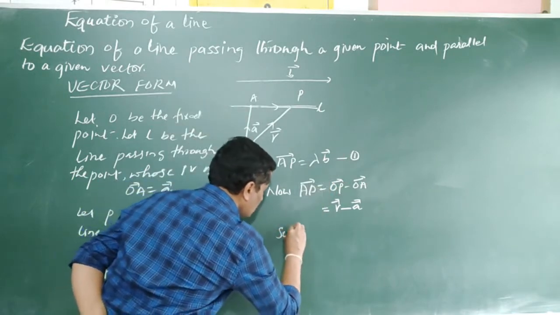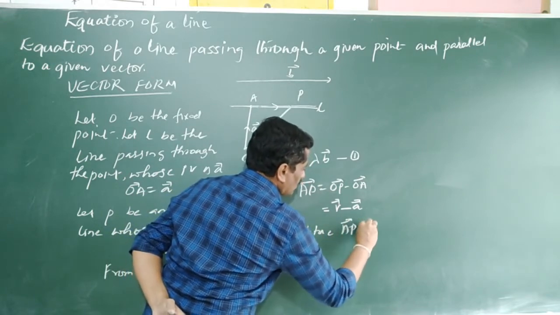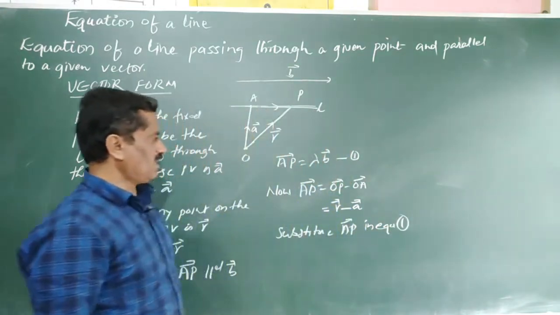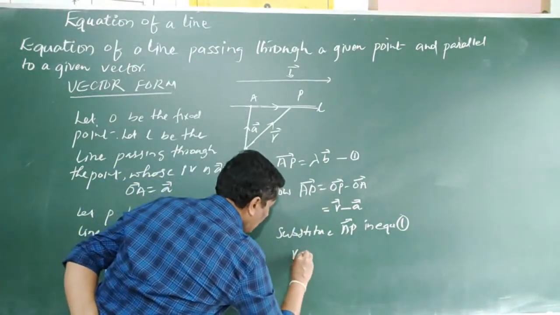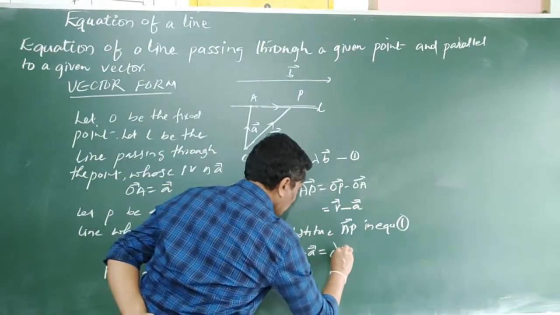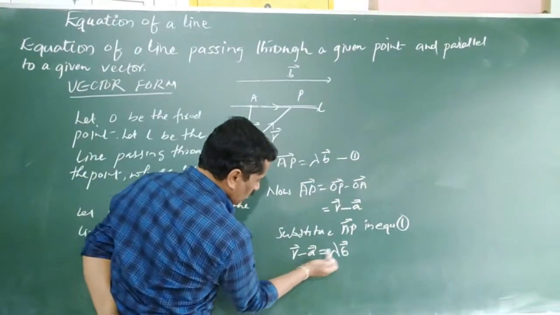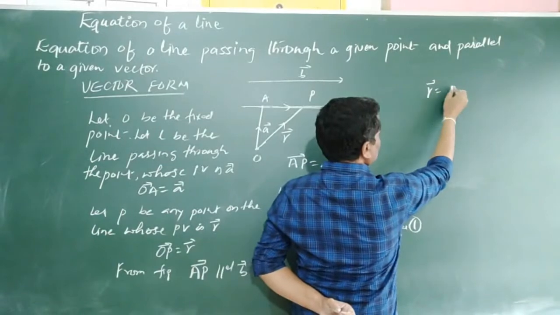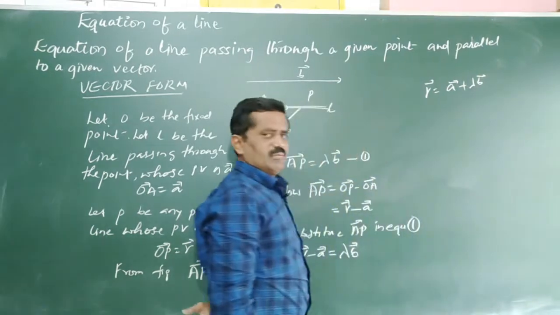Substitute AP bar in equation 1. Therefore we have AP bar, that is R bar minus A bar, is equal to lambda into B bar. Now bring A bar to the RHS. Therefore R bar is equal to A bar plus lambda into B bar.